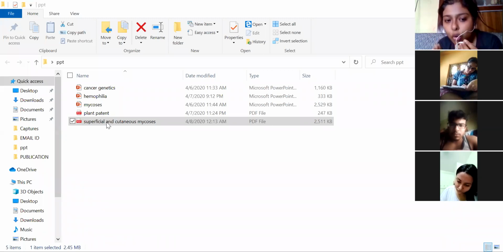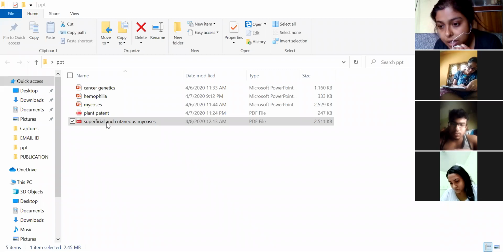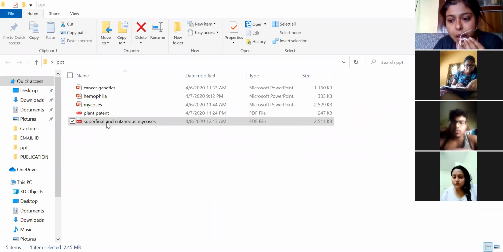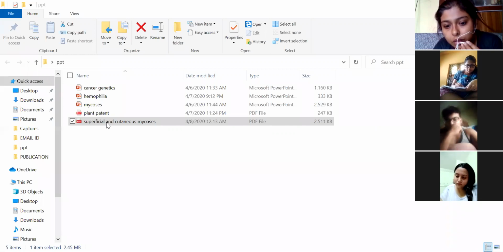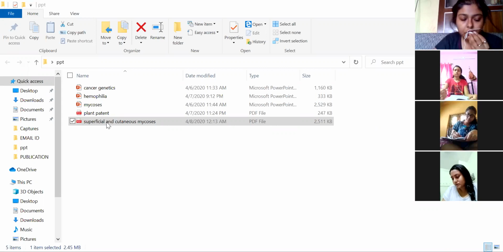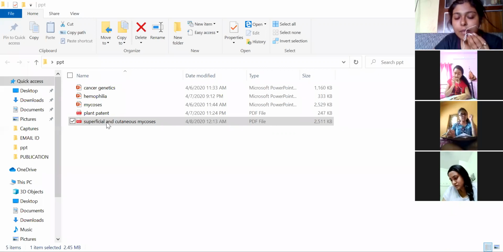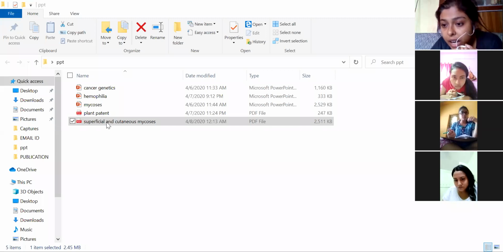These are the 4 different diseases or infections of the outermost layer of the skin caused by fungus. Am I clear? Ma'am, can you please repeat the second disease? The second disease is Tinea nigra.